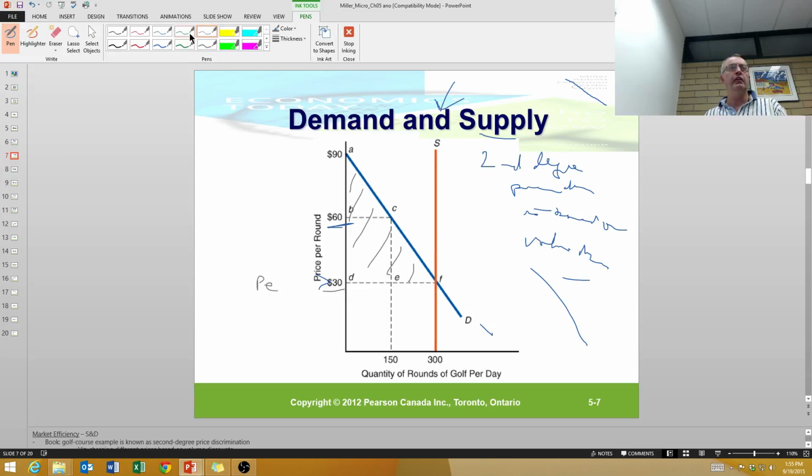But if the vendor practices this second degree price discrimination, based on volume discounts, then the vendor takes this portion of the consumer surplus, and consumers are only left with this little triangle here and this little triangle here.